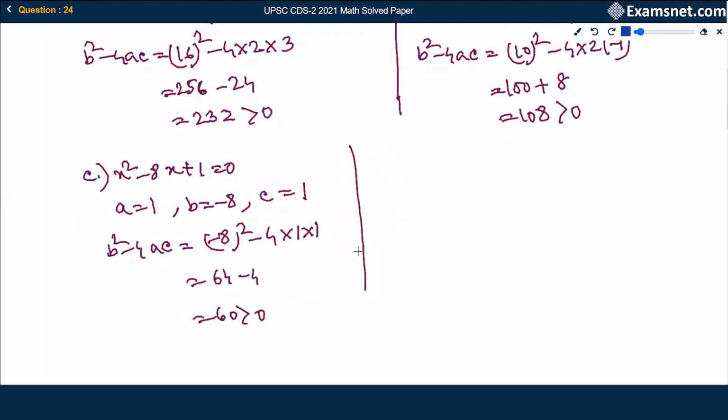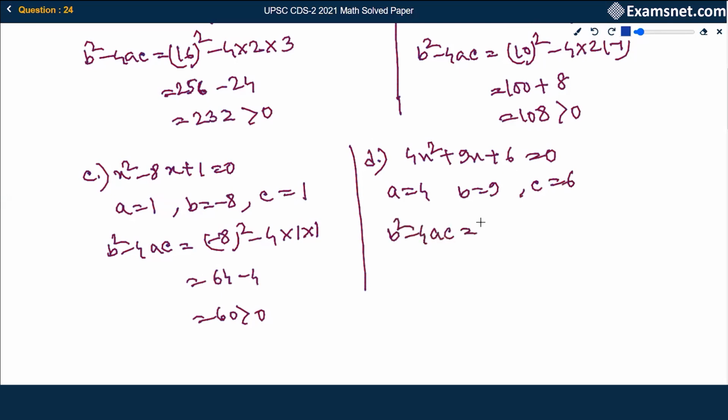Only one quadratic equation left to examine, that is 4x squared plus 9x plus 6 equals 0. Here a 4, b 9 and c 6. So b squared minus 4ac will give us 9 whole square minus 4 multiplied by 4 multiplied by 6.